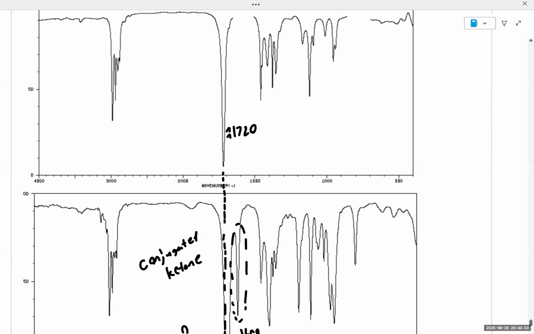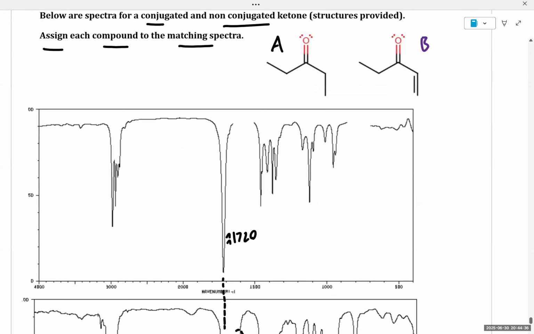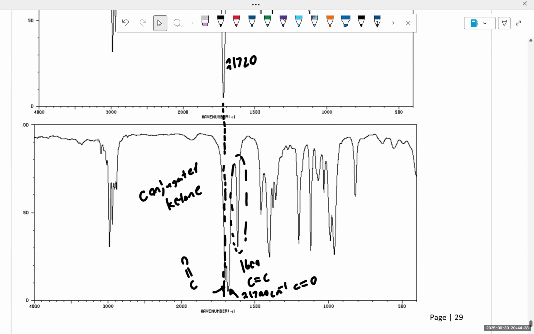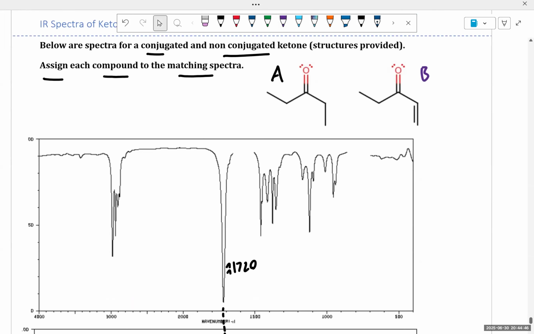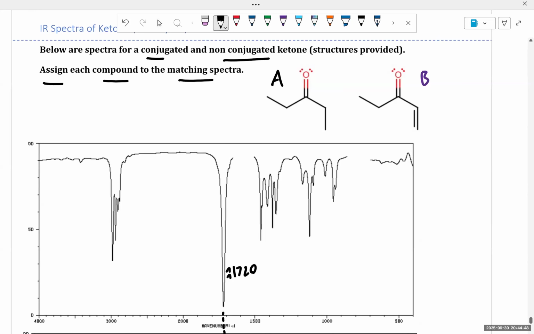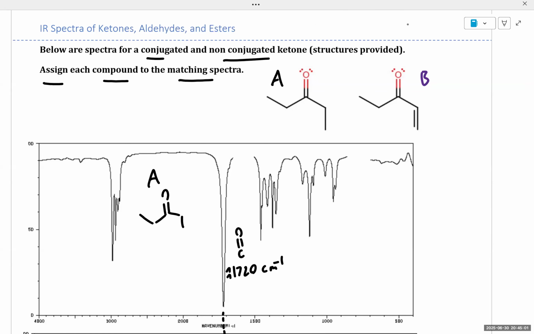In other words, it matches structure B. While this top structure with a higher frequency CO stretch and no CC stretch matches structure A. So as you can see, we can differentiate between conjugated and non-conjugated ketones using the CO stretching value.